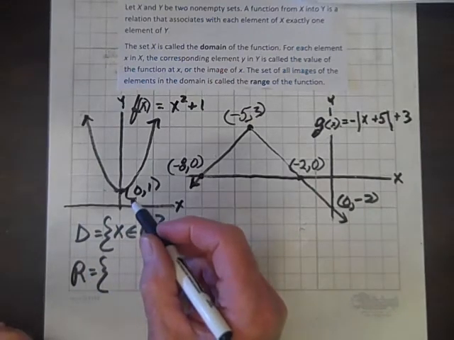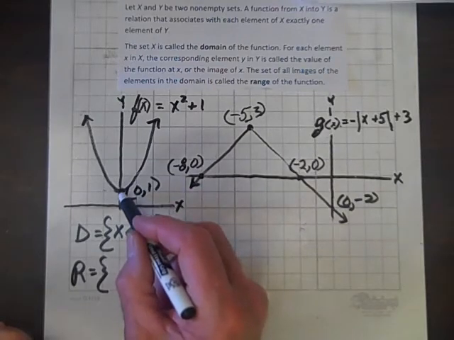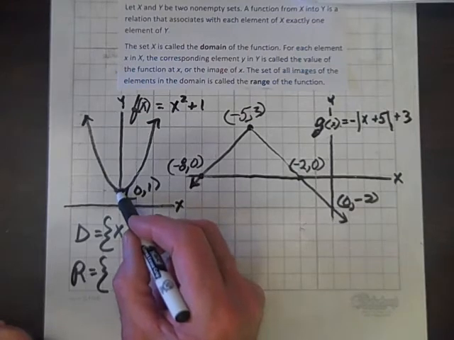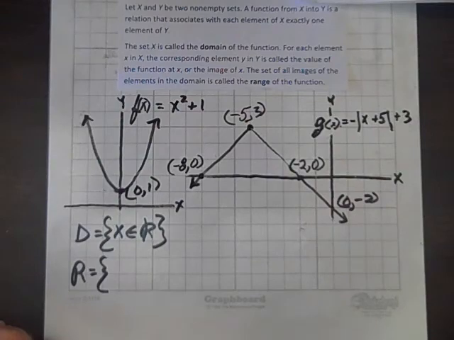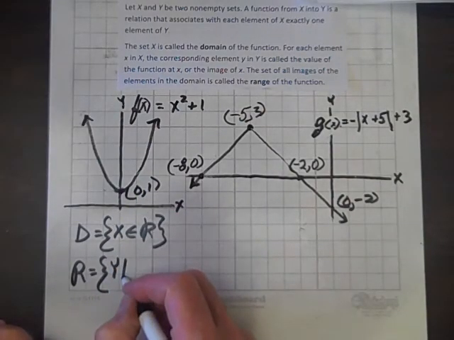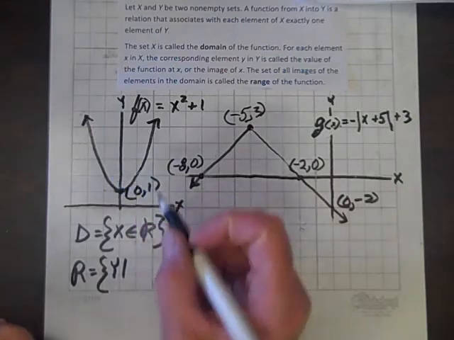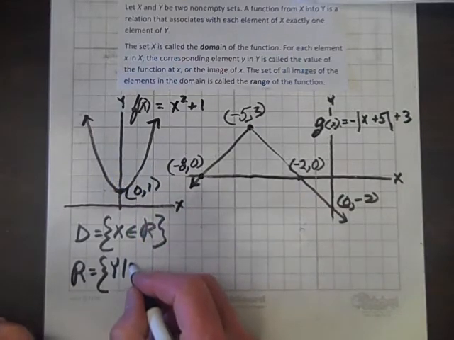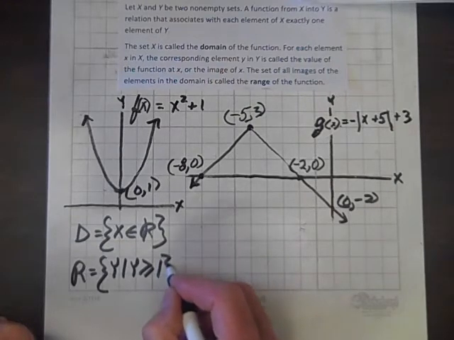As to the range, the graph of the function indicates that the smallest or least value y can take on is 1. So y such that, and all other y coordinates are greater than 1. So the range is y such that y is greater than or equal to 1.